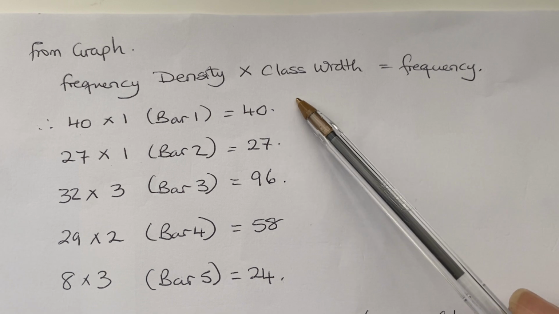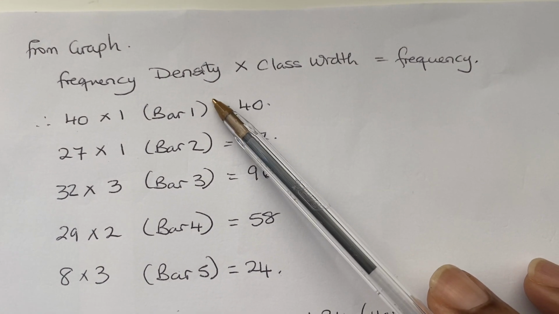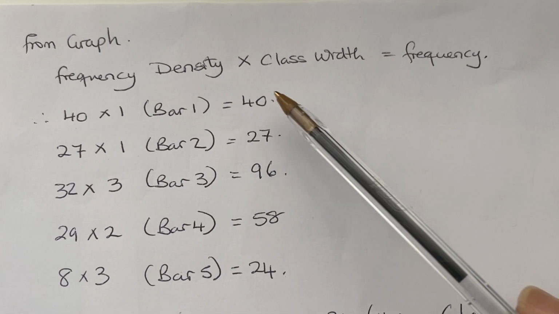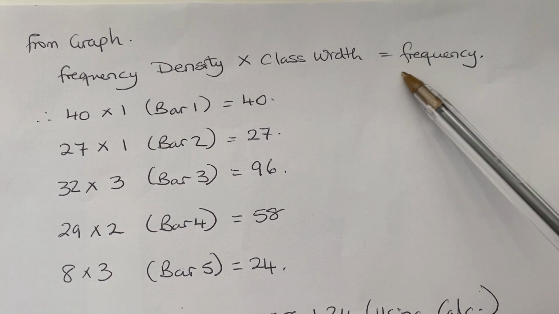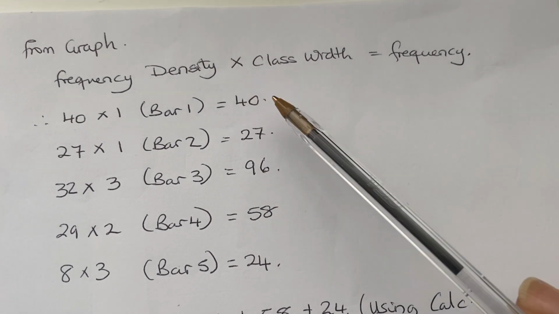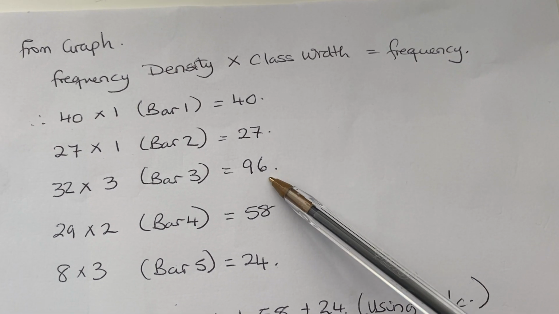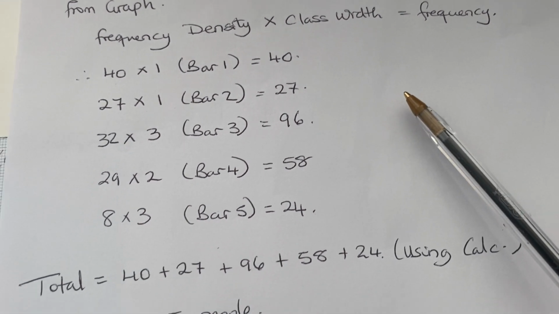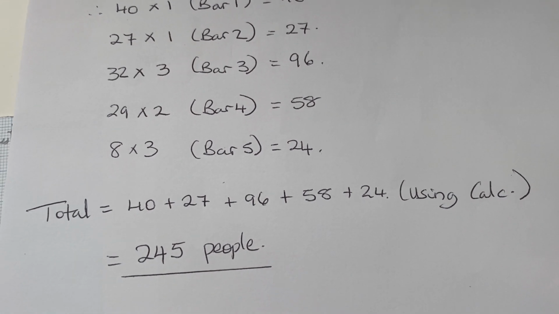So if you were given the histogram, then you can do frequency density times the class width, the y and the x axis multiplied together, and that will be your frequency. So I've done each bar: 40, 27, 96, 58, and 24. And when you add all of them together, you have 245 people.